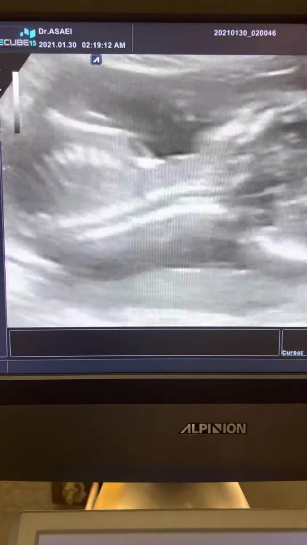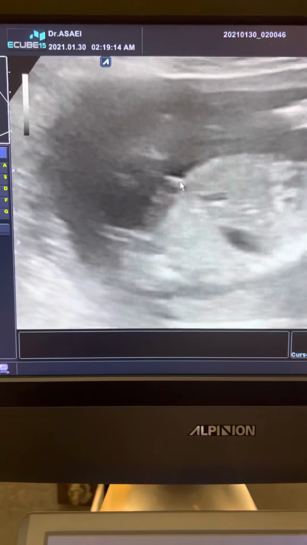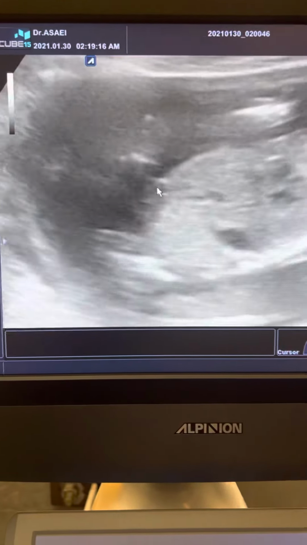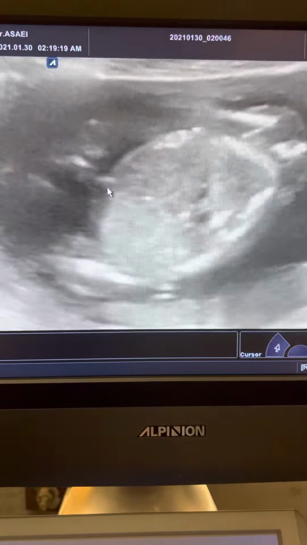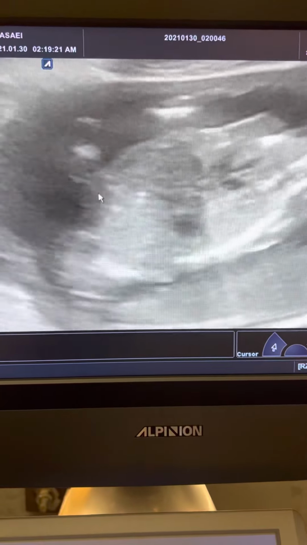Of course, the insertion of the umbilical cord to the abdomen is very important for any probable abdominal herniation.